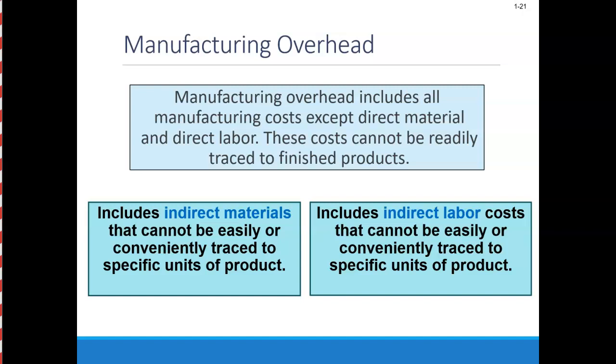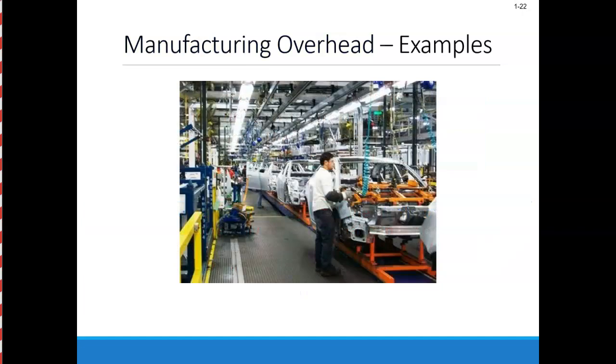Remember me talking about the cafeteria staff or the janitor? They aren't directly working on that automobile, but they still have a need to be there, and it is still a cost in making that product. But they are all lumped into manufacturing overhead because they aren't directly associated with that product.